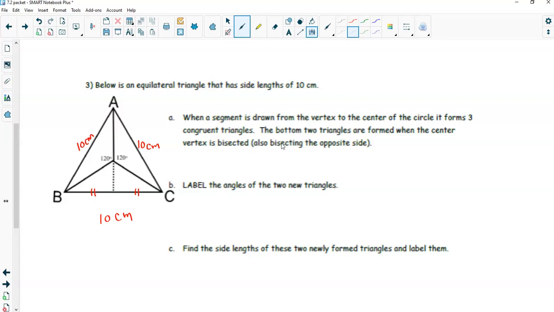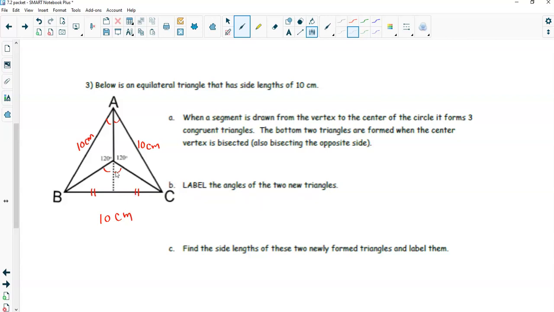All right. Also bisecting the opposite side. The bottom 2 triangles are formed with the center vertex, it's right here, is bisected. So this is bisected, center vertex is bisected right there. So this is congruent, and also the bottom side is also bisected.